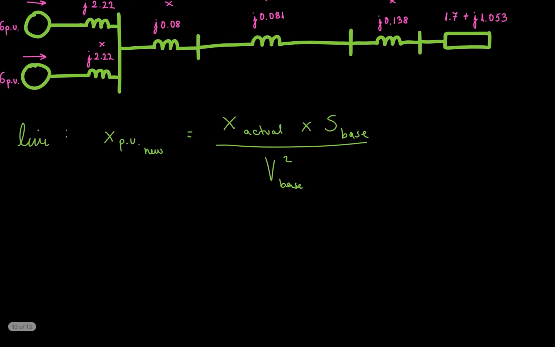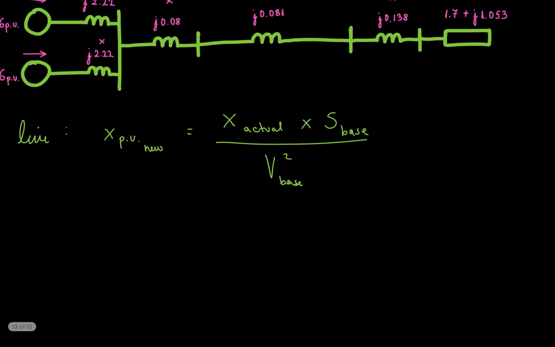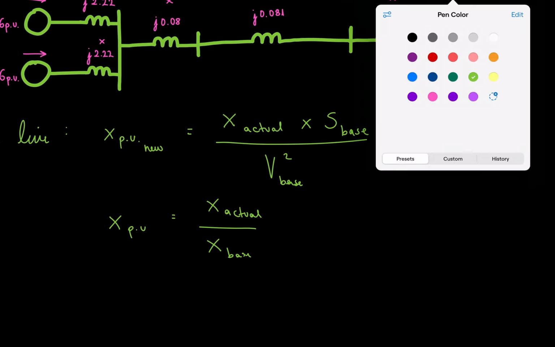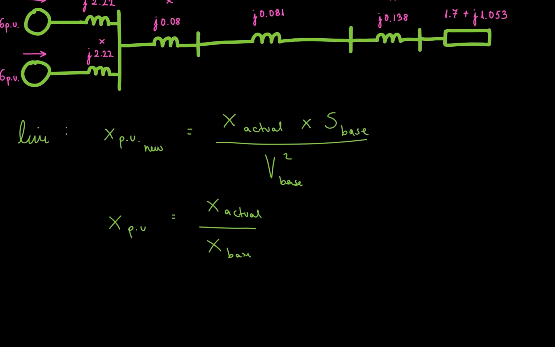Now, how do we actually get this? We know that the reactance in per unit is the actual reactance divided by the base for the reactance. Do we know any of these values? Yes, we know the actual reactance.